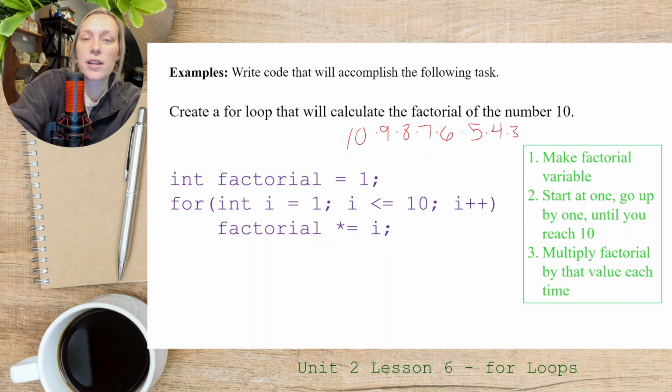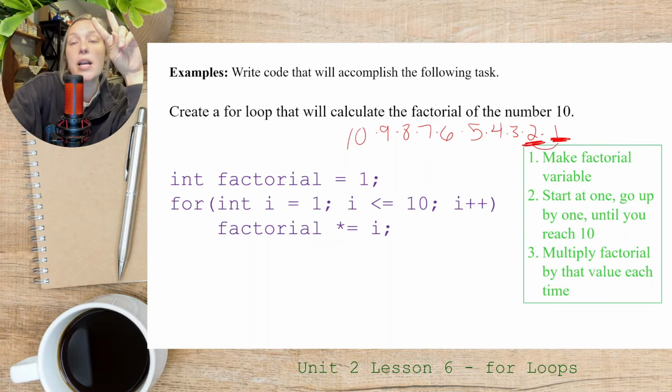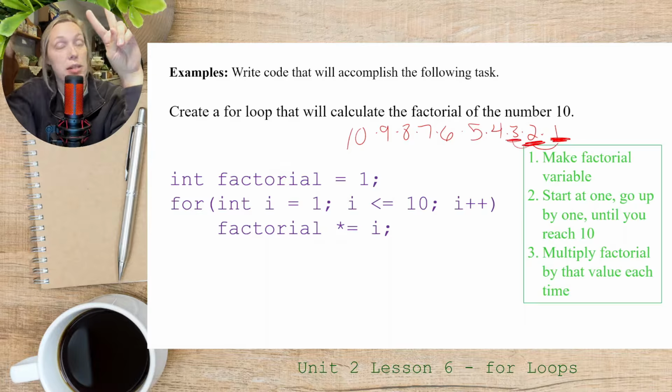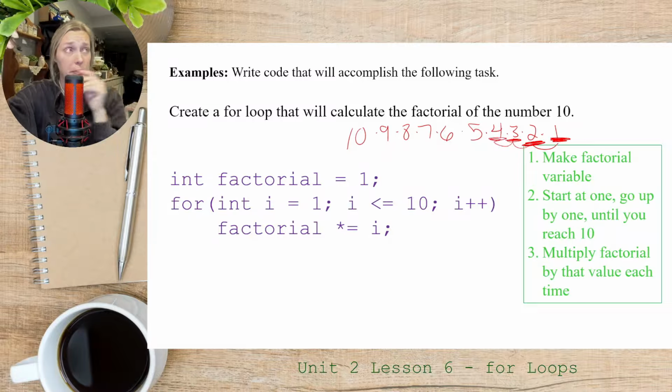So if I start at 1, factorial is 1, and I starts off at 1. So 1 times 1 is 1. Perfect. Okay. And then I increases to 2. 2 times 1 is 2. Okay. So that becomes my factorial. And then I becomes 3. And then I take 3 times 2. 3 times 2 is 6. Okay. So factorial is 6. Then I becomes 4.